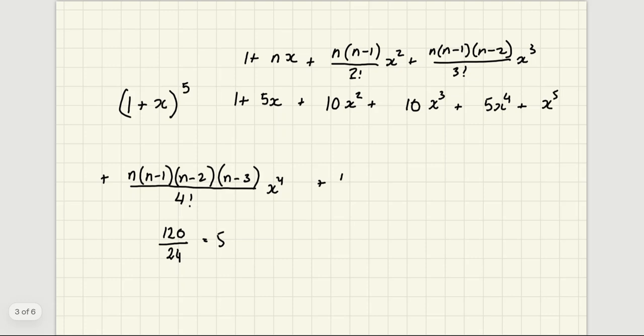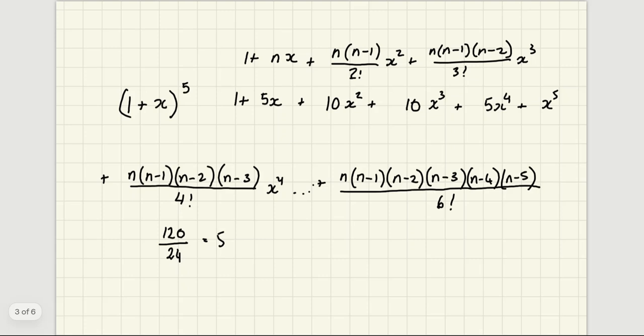But what happens if we go further? Obviously you know to stop, but this formula is not for stopping, right? We've done x to the power of 4 and x to the power of 5. Let's go to n minus 4, n minus 5, all over 6 factorial, x to the power of 6.